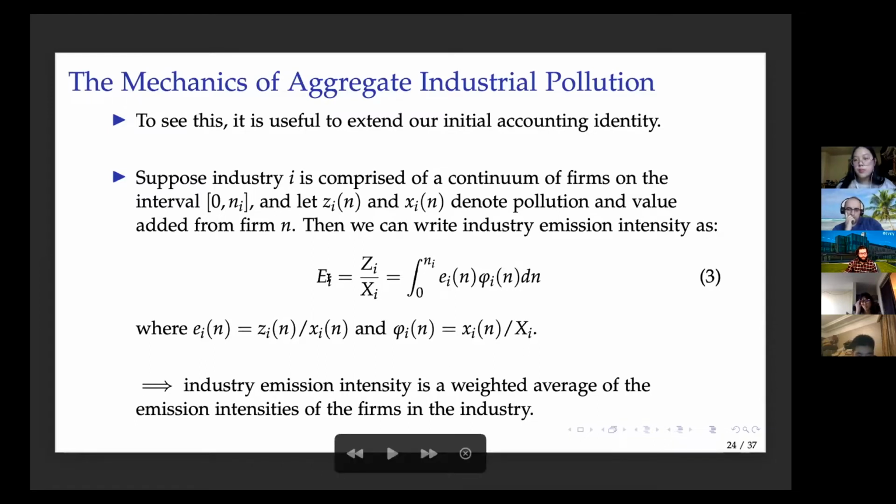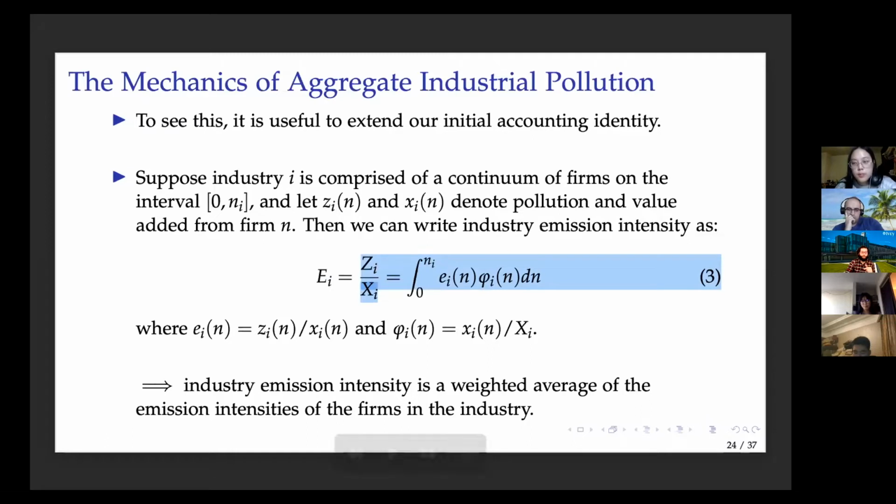So to see this, we can take an industry's emission intensity, this EI, which we've defined as the ratio of that industry's pollution divided by the total amount of output in that industry. And what we can see is that this is a weighted average of the individual emission intensities of all firms that comprise that industry.